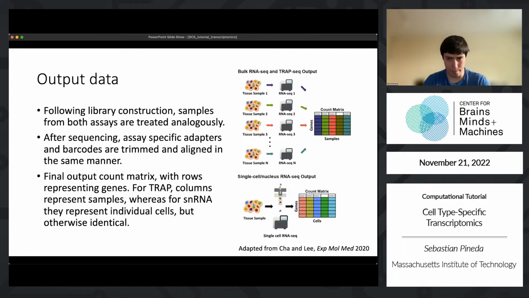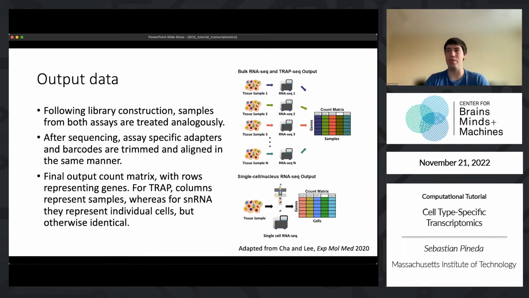Okay, so what kind of data do these two assays deliver? Once we get our cDNAs in both cases, everything downstream of that is pretty much identical. The library construction, the way that the sequencing is done, the way that the data preprocessing and alignment is done. We're not going to talk much about this. This is pretty standard across RNA-seq in general, how you do the alignment, how you do the feature quantification.